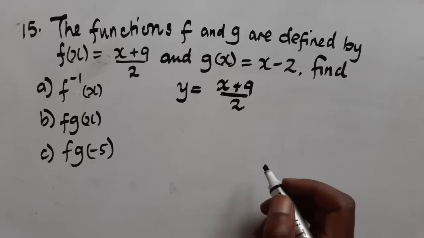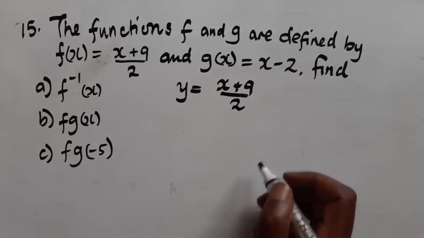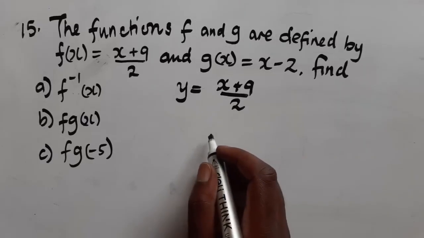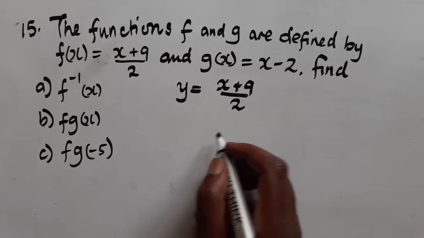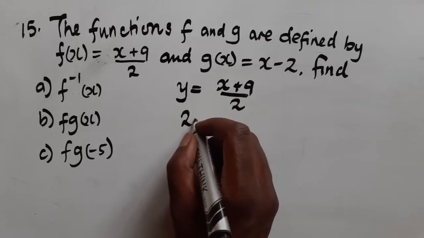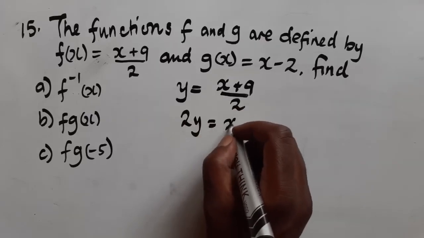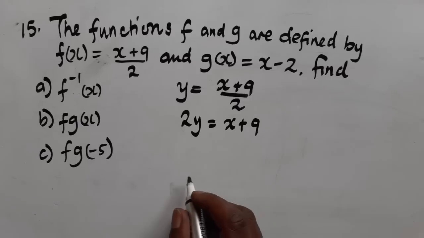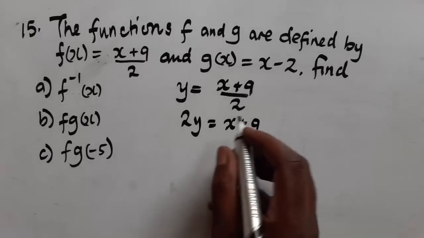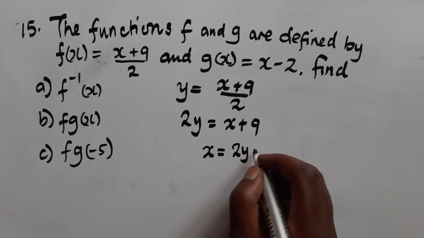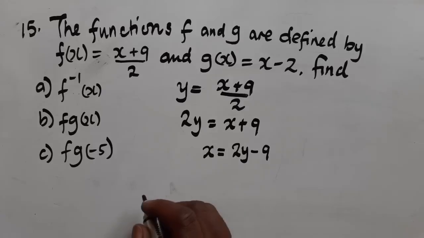At this point, you solve for x. In other words, you make x the subject of the formula. By doing what? You cross multiply, you're going to have 2y = x + 9. So what are we going to get as x? x will be equal to 2y - 9.